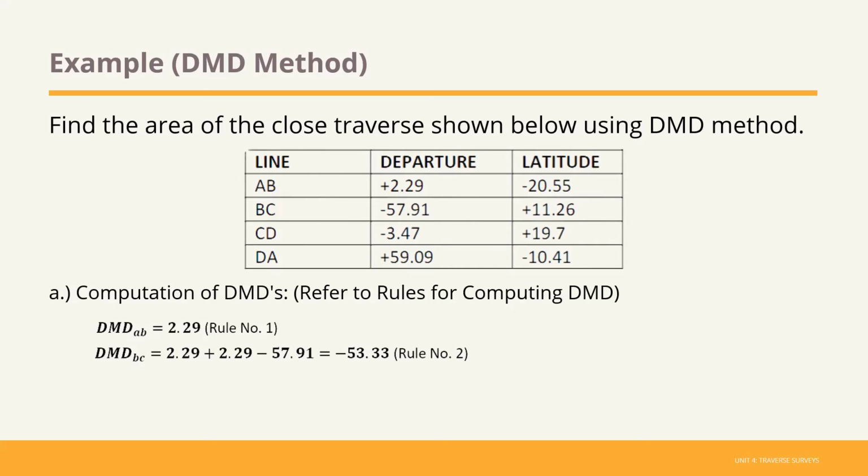Adding them all up, we have negative 53.33 as the DMD of the line BC.